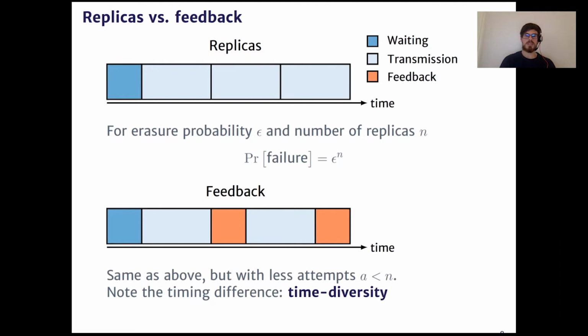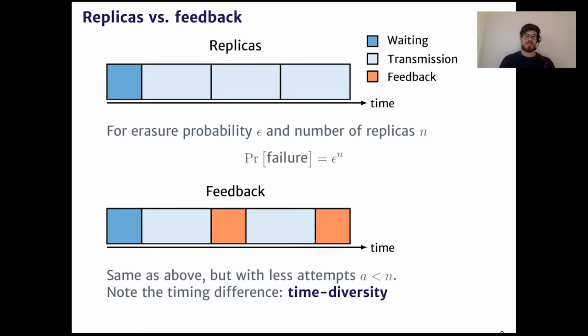So basically, he transmits, and waits for feedback that the transmission was received. If not, he will transmit again. And we just follow this process until success or until the deadline is exceeded. So basically, we see that feedback will give you the same reliability with the same channel uses, but the thing is that adding this part of the feedback leads to fewer possible attempts. So basically, you're stretching your transmission time a little bit because of feedback.